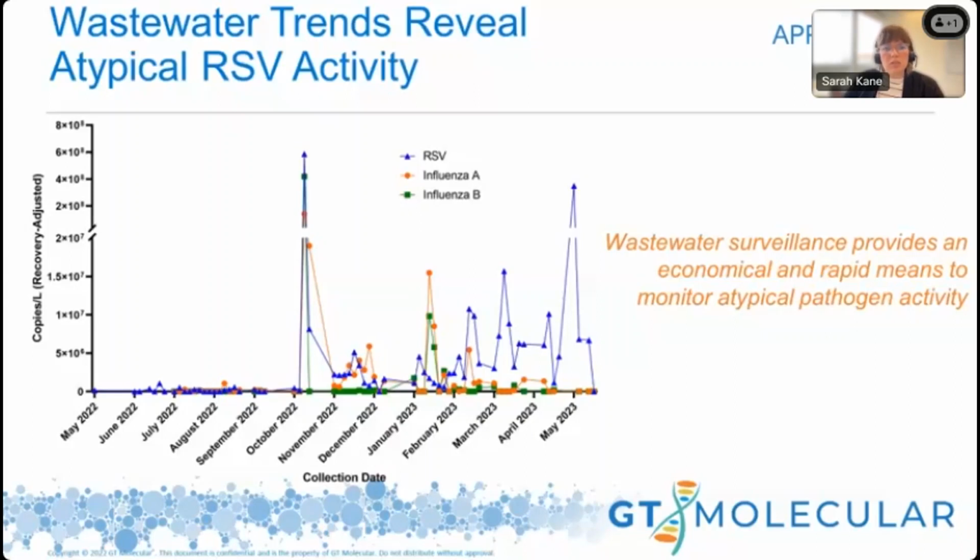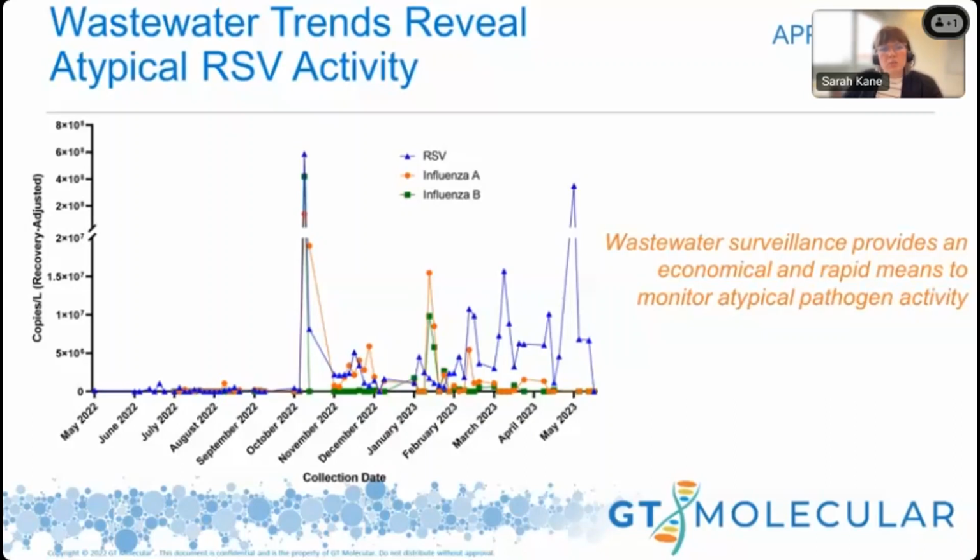But what's really interesting to note is that RSV has this atypical pattern in the spring months of 2023. Again, a lot of clinics don't monitor for RSV in these non-traditional months. So we propose that wastewater surveillance provides an economical and very rapid means to monitor these pathogens for atypical activity.